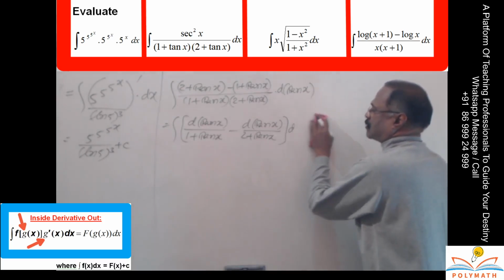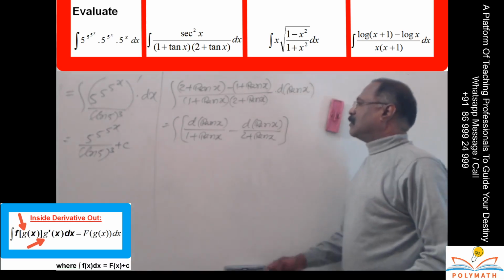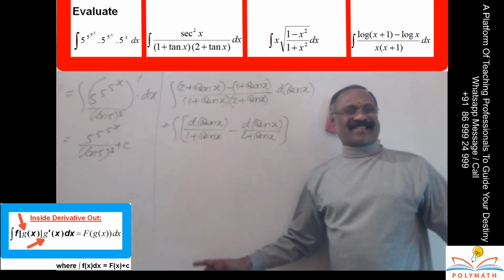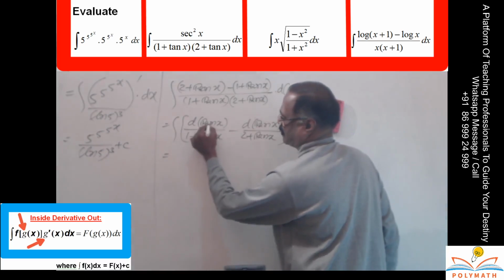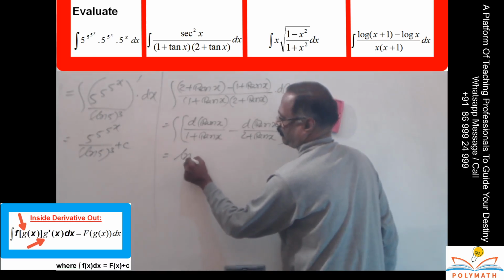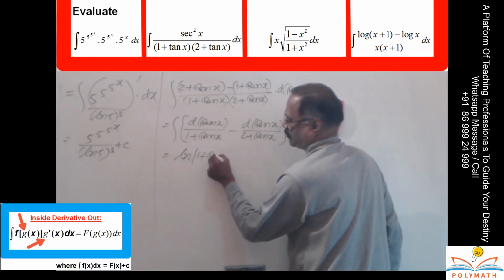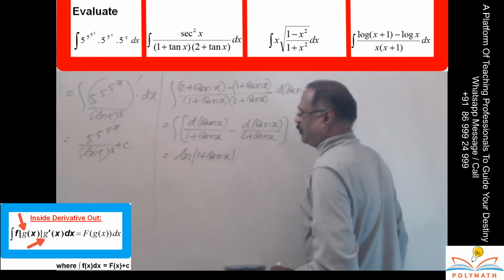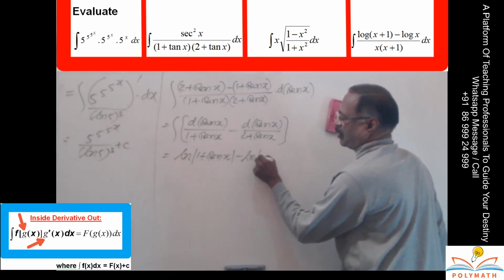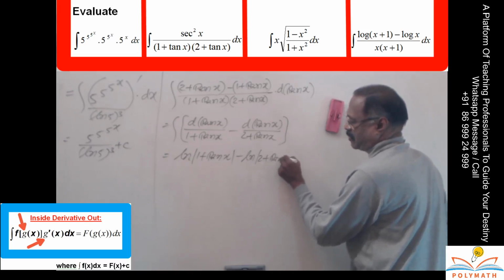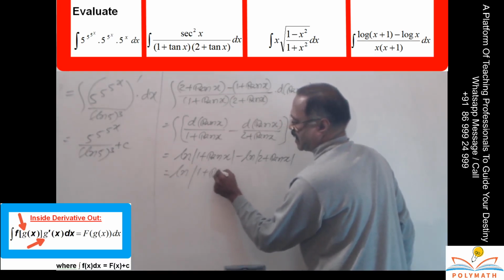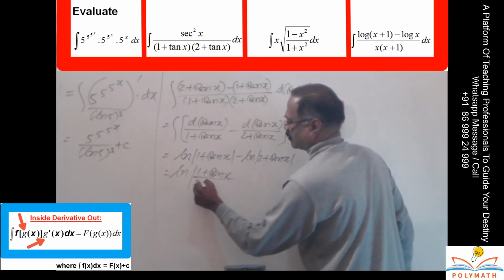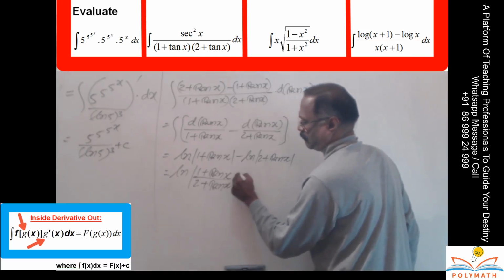It is f dash x by f x, and f dash x by f x is ln mod of f x. So ln mod of 1 plus tan x minus ln mod of 2 plus tan x. So the final answer is ln mod of (1 plus tan x upon 2 plus tan x) plus c.